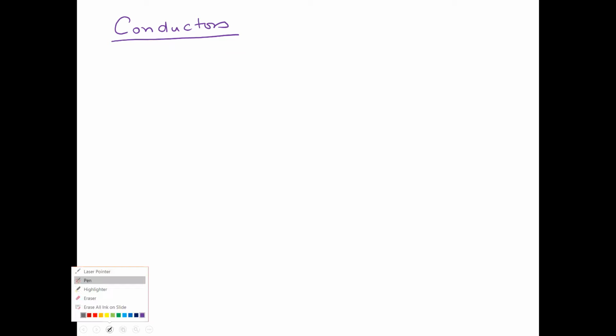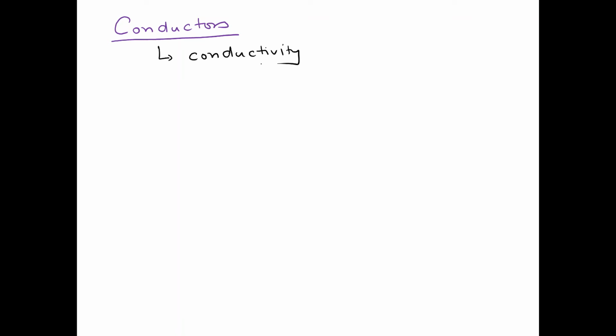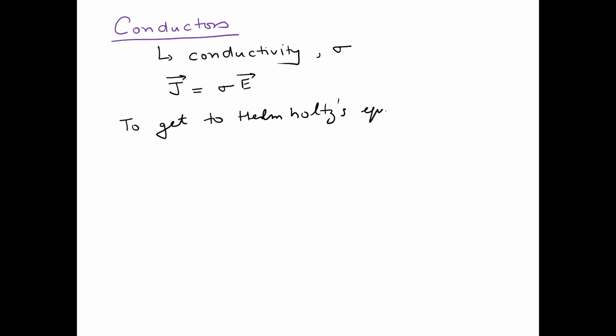Let's extend this further to conductors. As you may have seen in your unit 3, conductors have a conductivity given by sigma, and your Ohm's law was J is sigma E. To get to the Helmholtz equation, which is the solution we are looking for, we had put J to be 0.